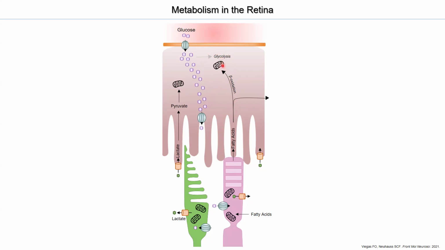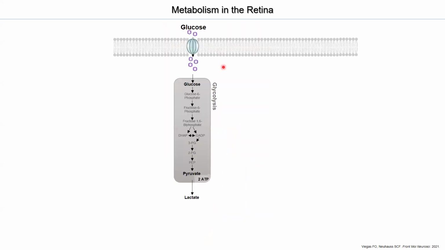So how does this look on a biochemical level? When we look at basic energy metabolism, glucose enters glycolysis and follows this enzymatic pathway to produce pyruvate. This whole process gives us 2 ATP.